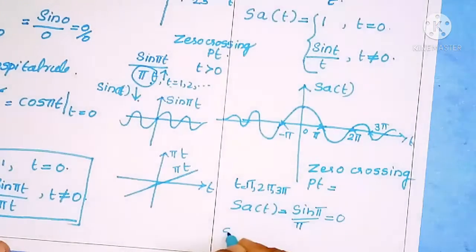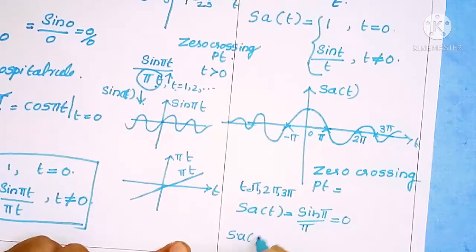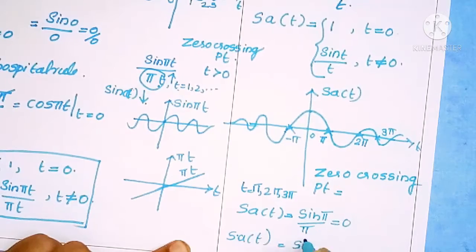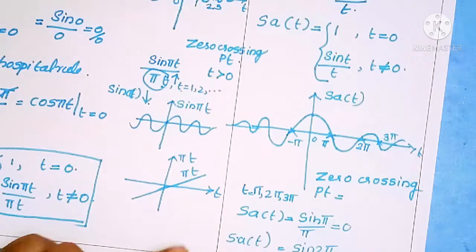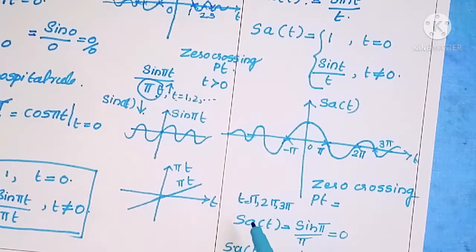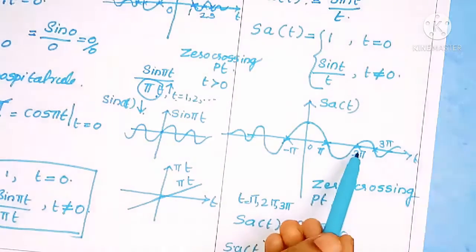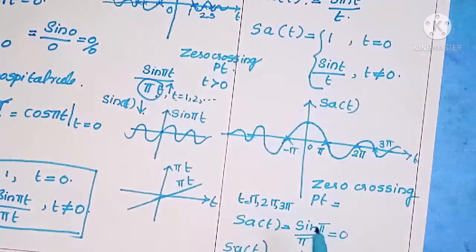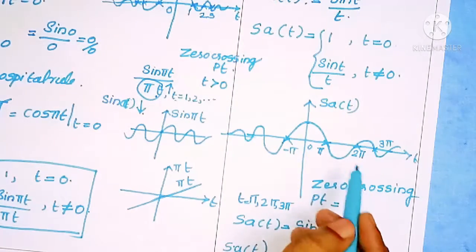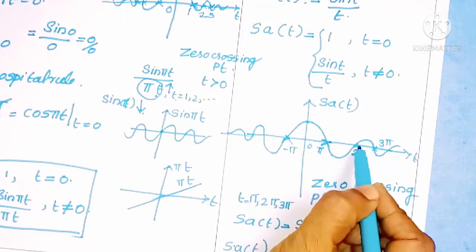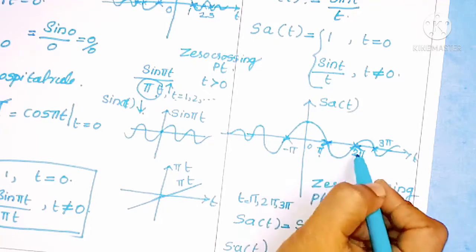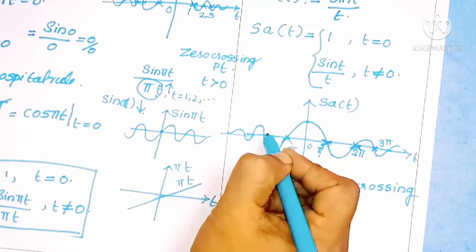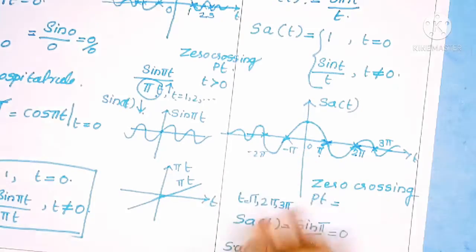If you apply t equal to 2 pi, sin 2 pi by 2 pi is equal to 0. When you apply t equal to an integer multiple of pi, you get the zero crossing point. So in the sampling function, the zero crossing points are present at integer multiples of pi. Here you get zero crossing points at pi, 2 pi, 3 pi, etc., and also at minus pi, minus 2 pi, etc.